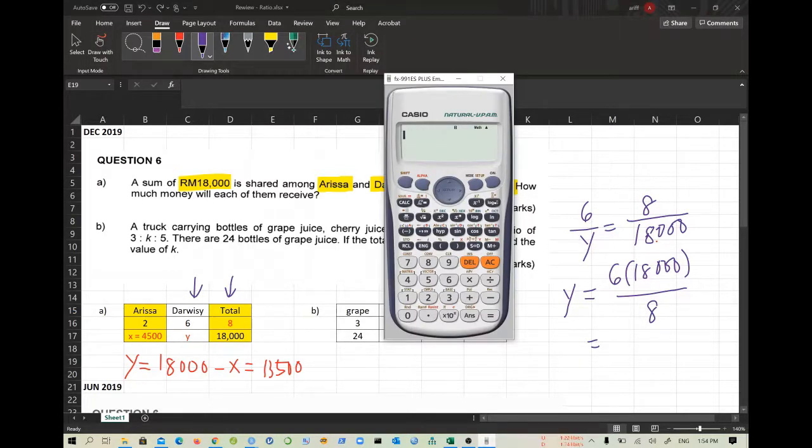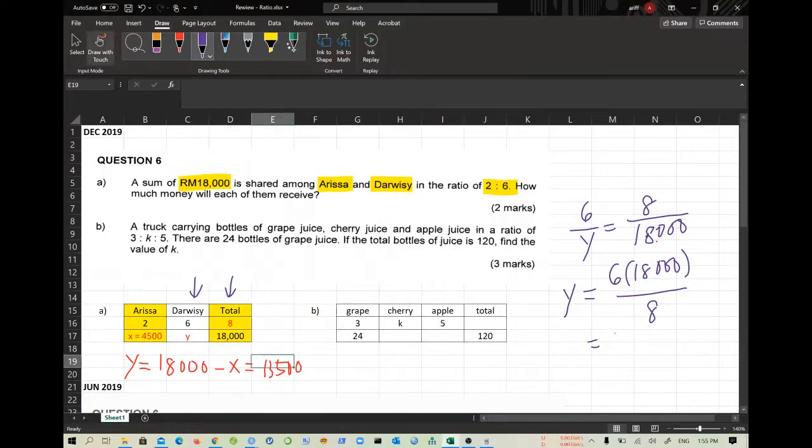So you get 6 times 18,000 divided by 8, and you get 13,500. So same as what you have just now. Alright, so this is for the two quantities.